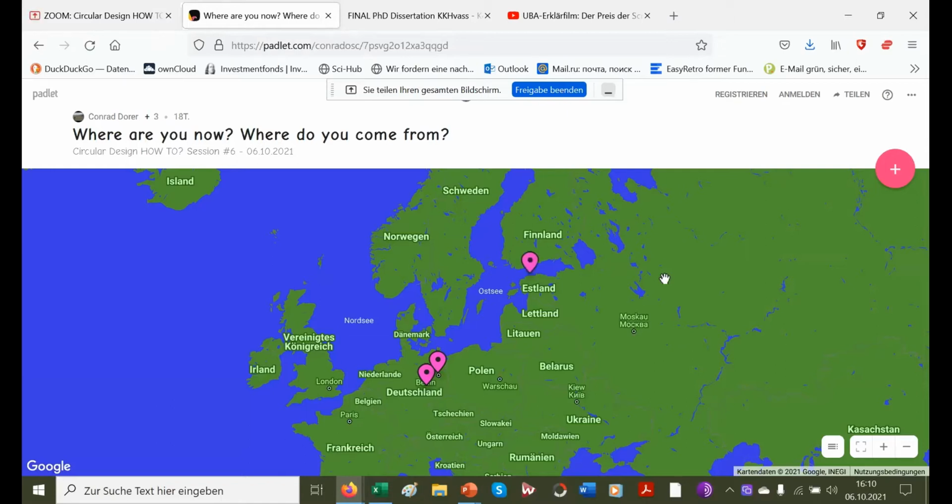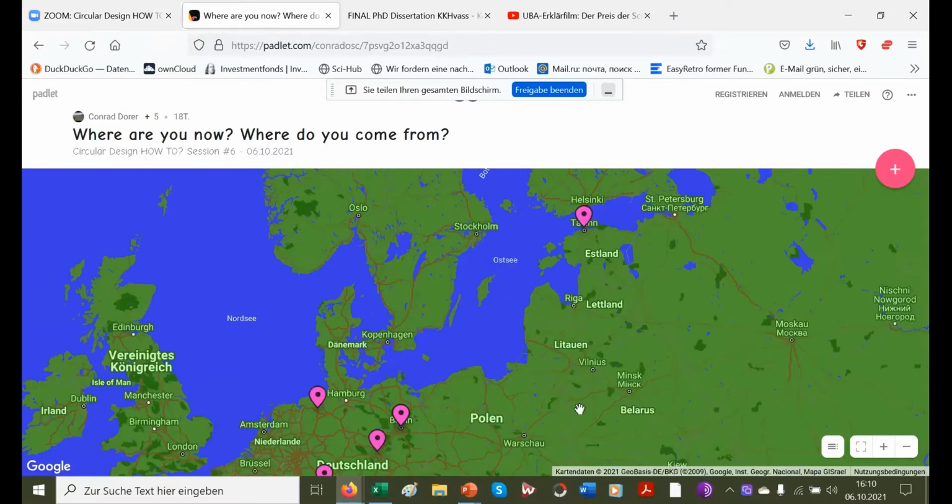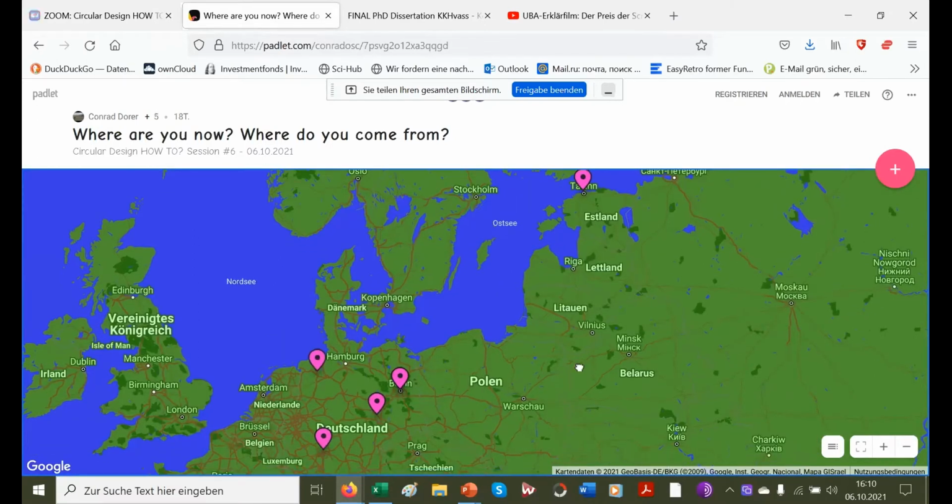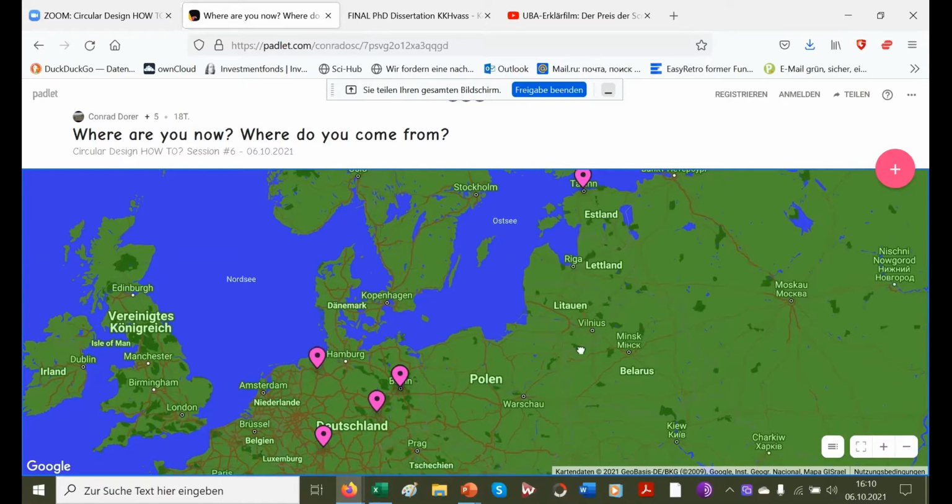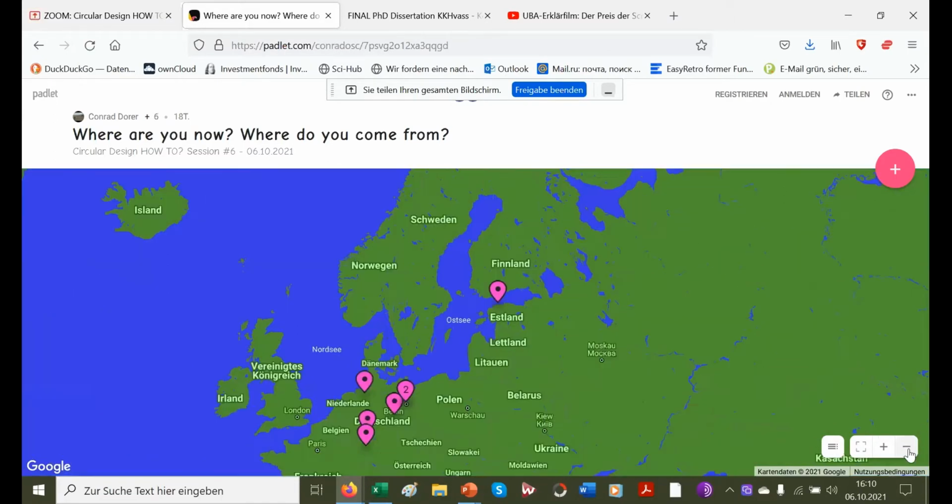So I see the first one in the northern countries. So it's coming from Tallinn. We have different other ones coming in Germany. So Berlin is leading with 2 persons right now. So really most of them right now we have of German guests. I see, no, we have one more from the Baltic countries.